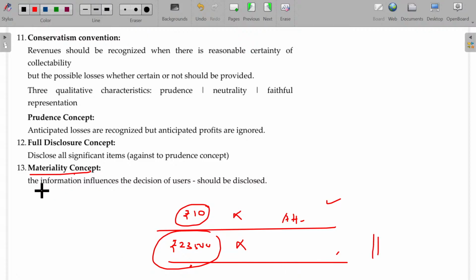So the materiality concept: information that influences the decision of the user. This information actually influences the student's mindset to attend the classes. Then it should be disclosed. But the petty thing is not required to be disclosed, while this one is required. Clear? This is called materiality. Whether it's a matter or not. This is not a matter for me, sir, but this is a matter for me.